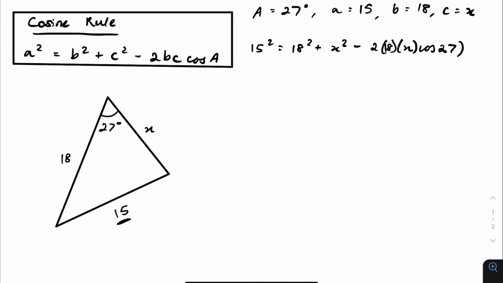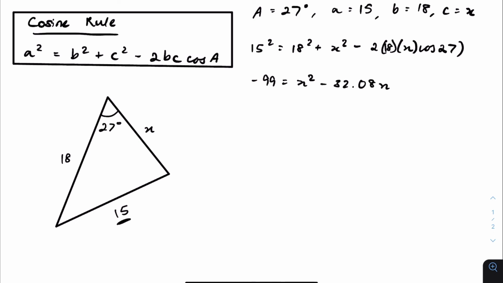Now, if we simplify this further, so 15 squared minus 18 squared is negative 99, so you get negative 99 is equal to x squared, and then minus 36 times cosine 27 x, so 36 times cosine 27 is 32.08, so we're going to write this as minus 32.08x.